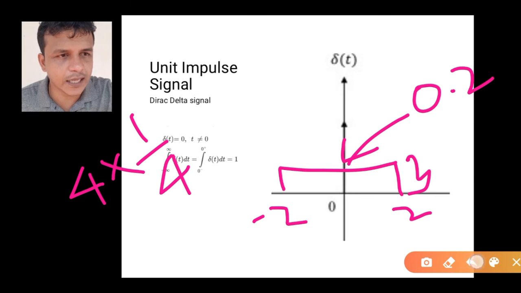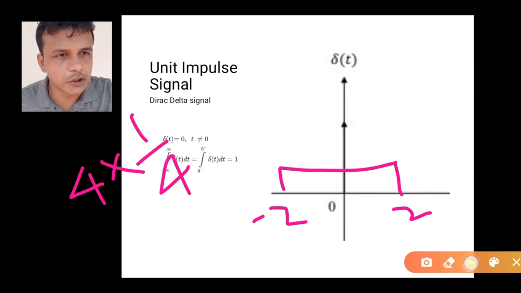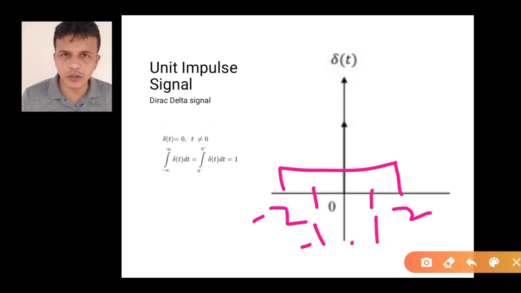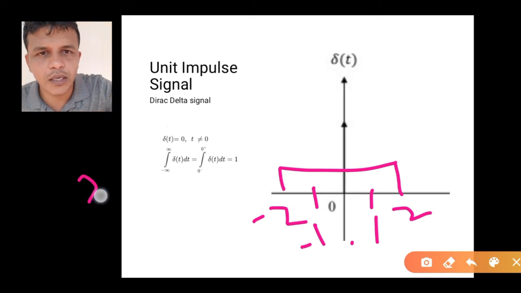Now let us consider another rectangle which has a shorter length. Instead of from -2 to 2, let us consider a rectangle with its base from -1 to 1: -1 to 0 is 1 unit, 0 to 1 is 1 unit, so totally 2 units.